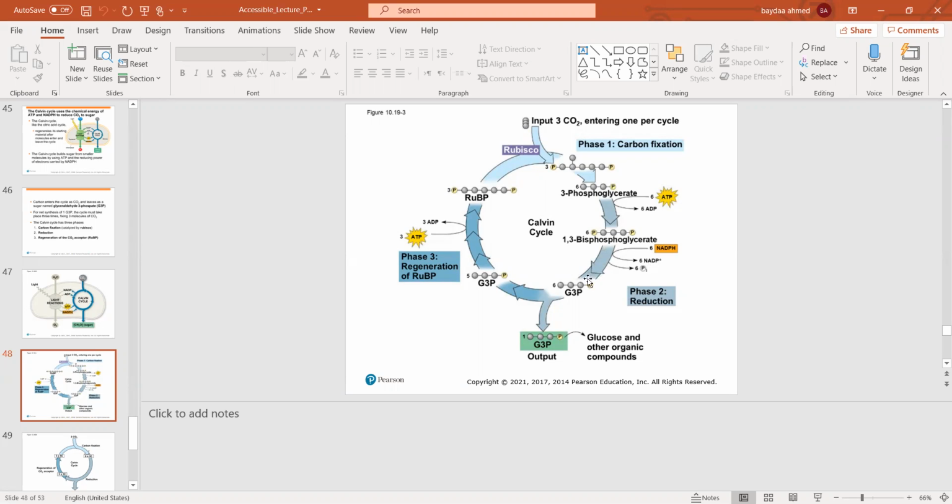Phase 2, reduction: 6 molecules of glyceraldehyde 3-phosphate are formed.